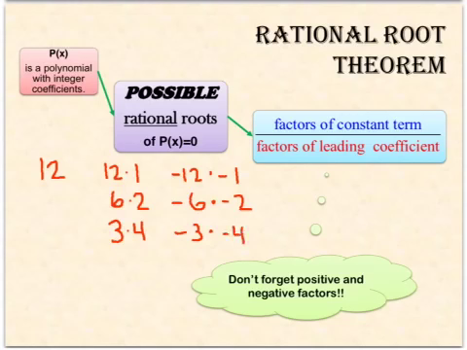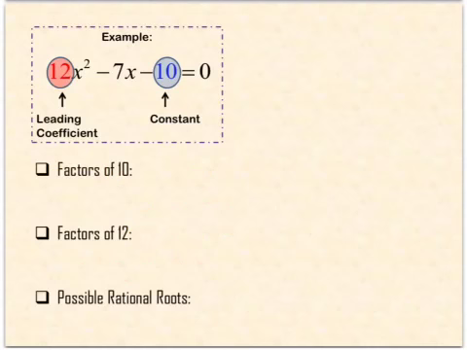So you can see that my list of possibilities are positive and negative, which means if I wanted to list all the factors of 12, I would say that's plus or minus 1, plus or minus 2, plus or minus 3, plus or minus 4, plus or minus 6, and plus or minus 12. So we have to consider positive and negative factors.